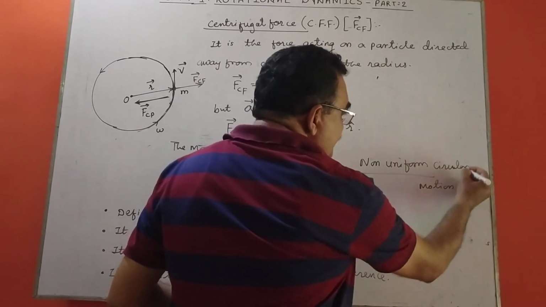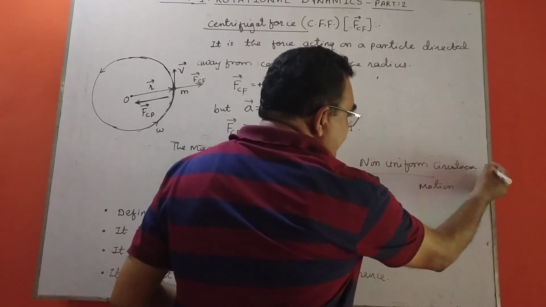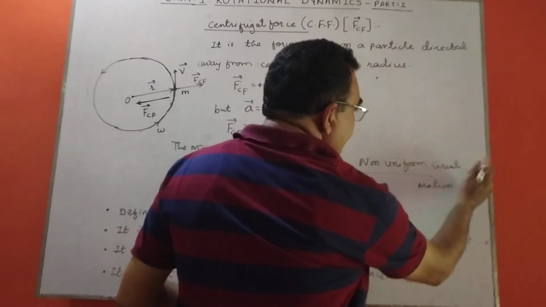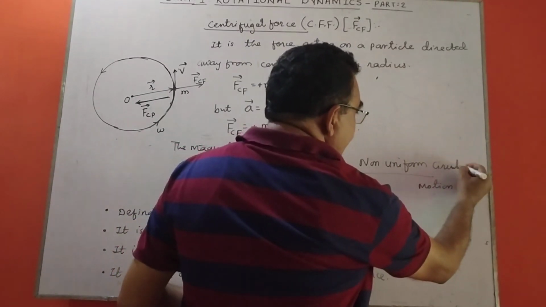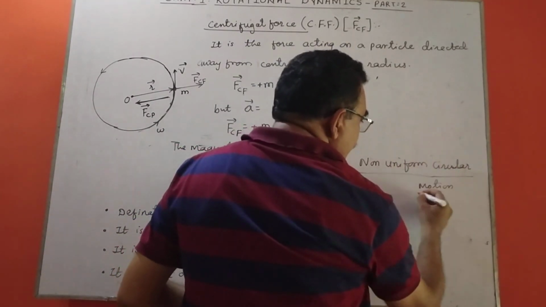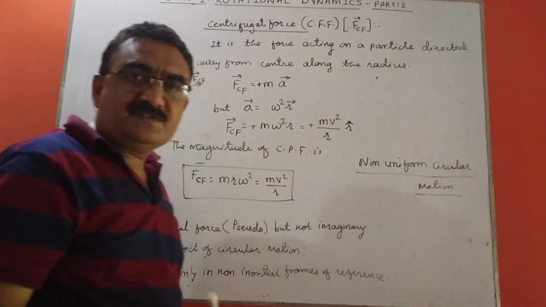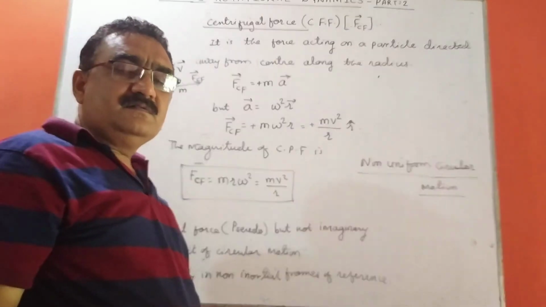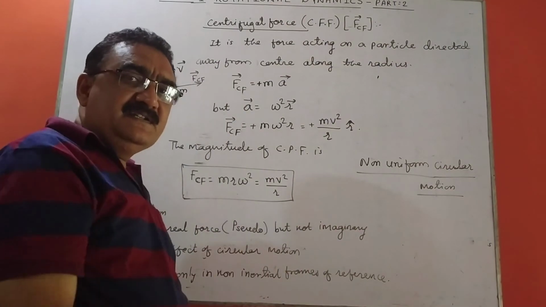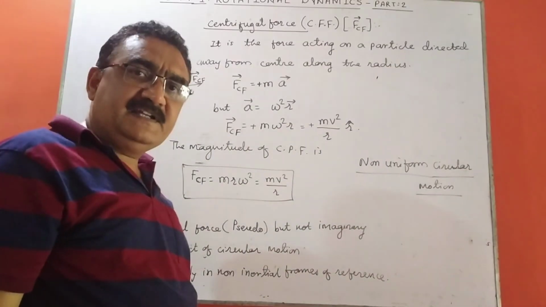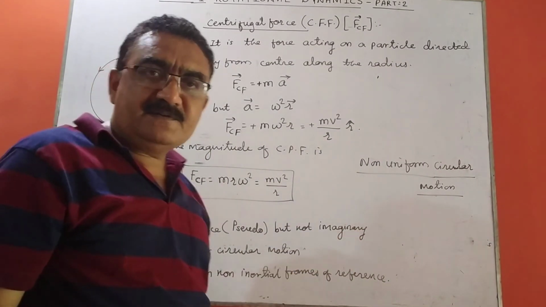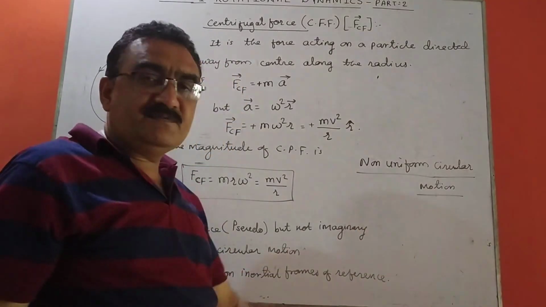In a non-uniform circular motion, what can we say? It is the motion in which the speed of a particle changes at every instant along the circumference. That is non-uniform circular motion.